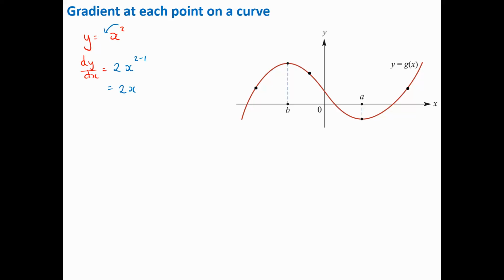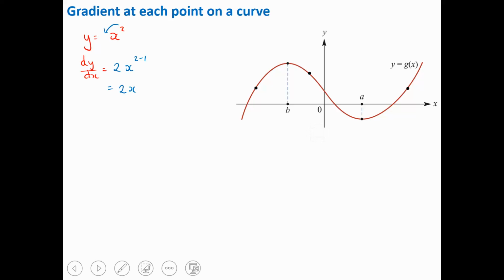But there's no point doing that if you don't know what this actually represents and what it means. What you're actually doing when you're finding the derivative or differentiating is finding the gradient of a straight line. So I'm going to say that again.